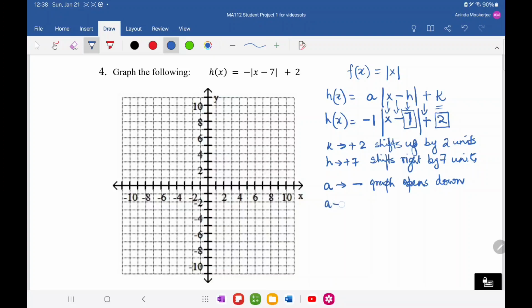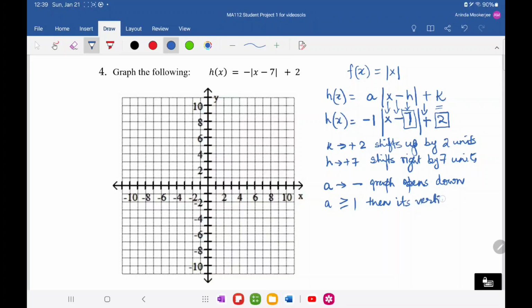And if a is a value equal to or greater than 1, then it vertically stretches.